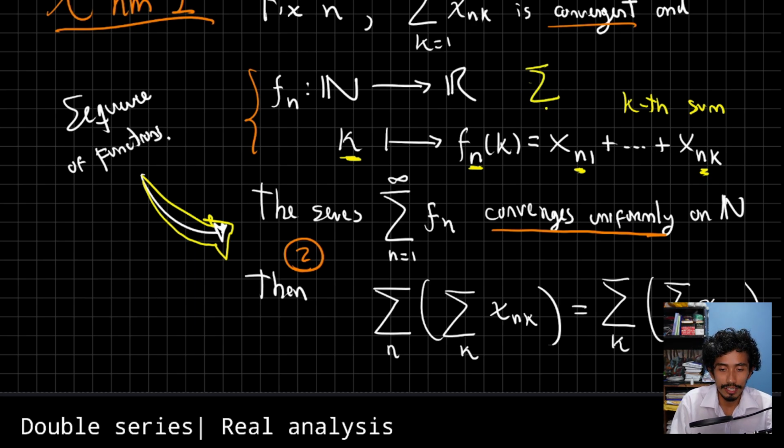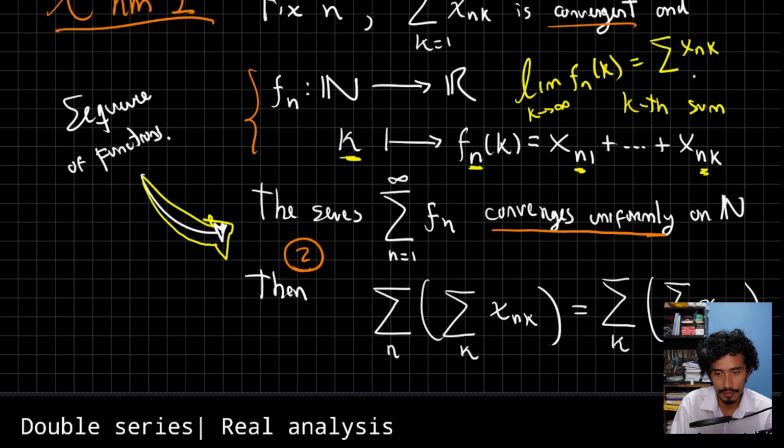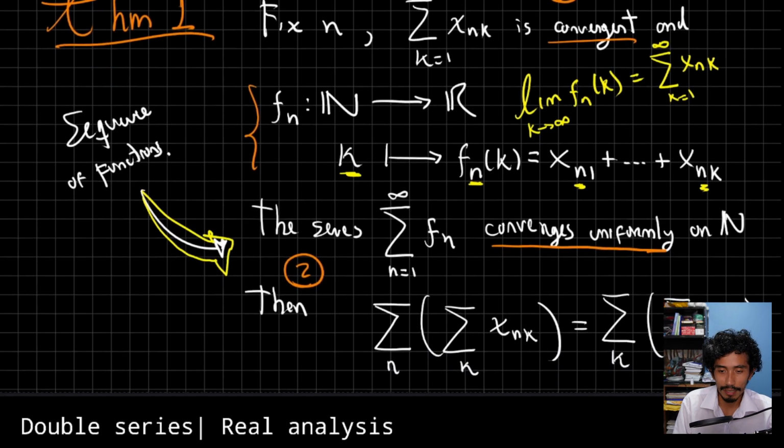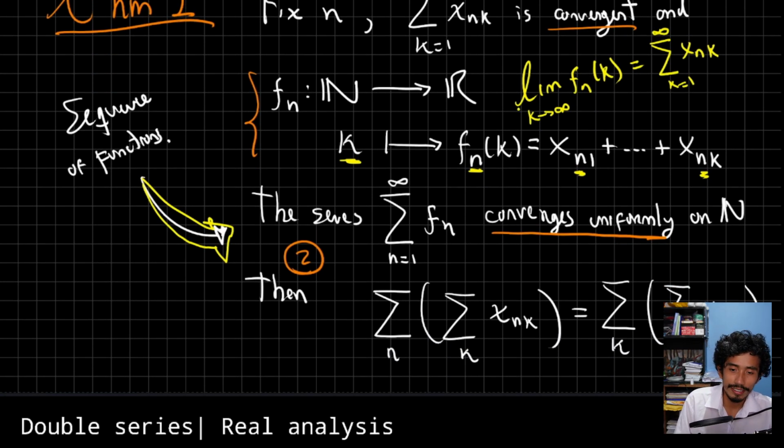so if we write it here, the limit is equal to this. Alright, so this is what's happening here. We have this limit, this summation, and then we have uniform convergence.